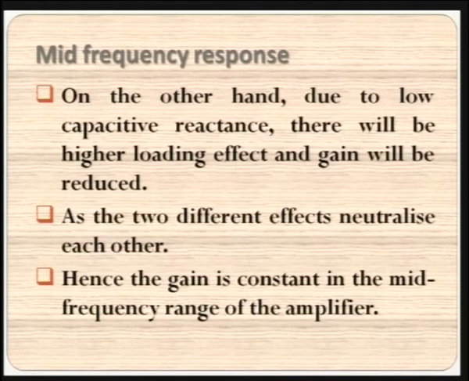So, we now have some basic idea of the reason for the behavior of the frequency response curve in the case of a single stage amplifier. For this course, this explanation is sufficient. Now, one more thing with respect to the frequency response curve we need to take up for discussion.